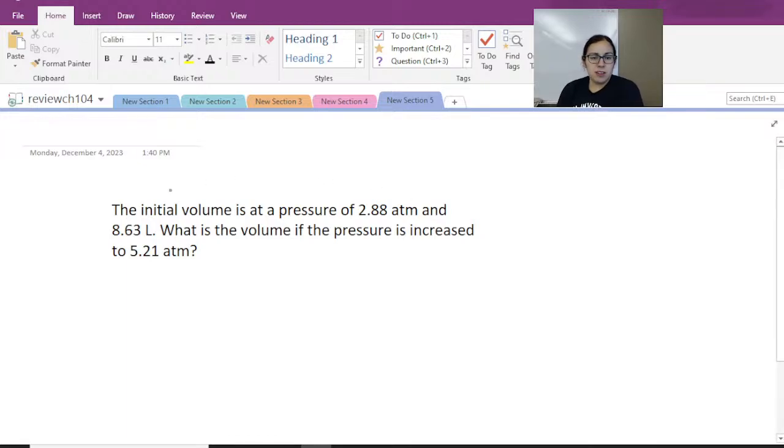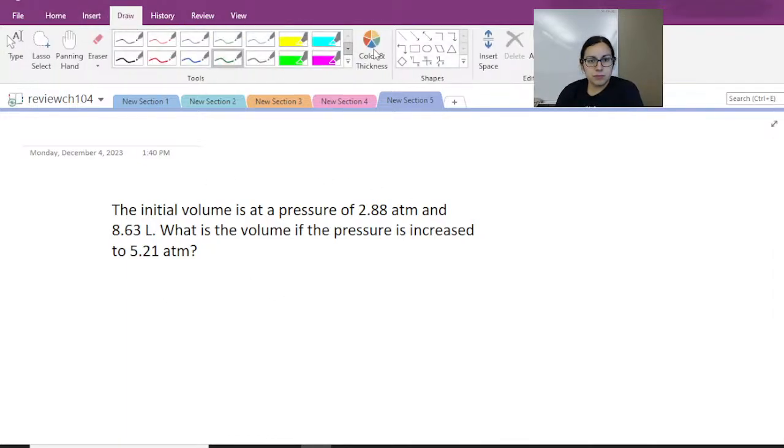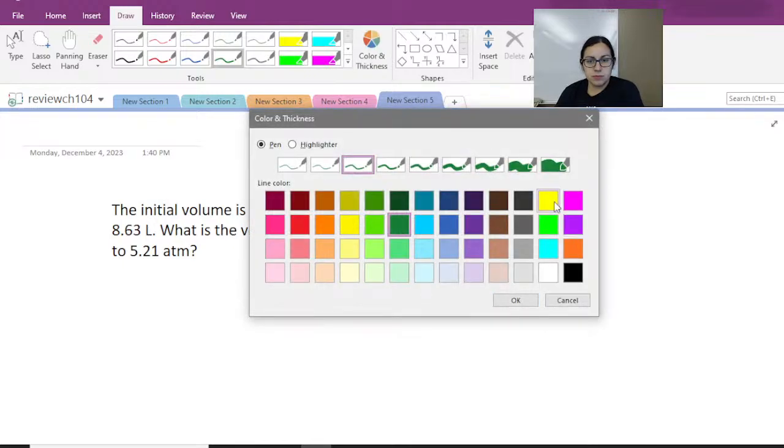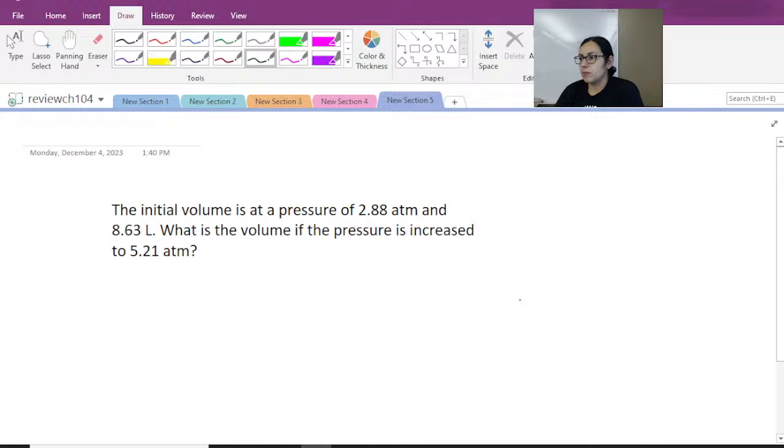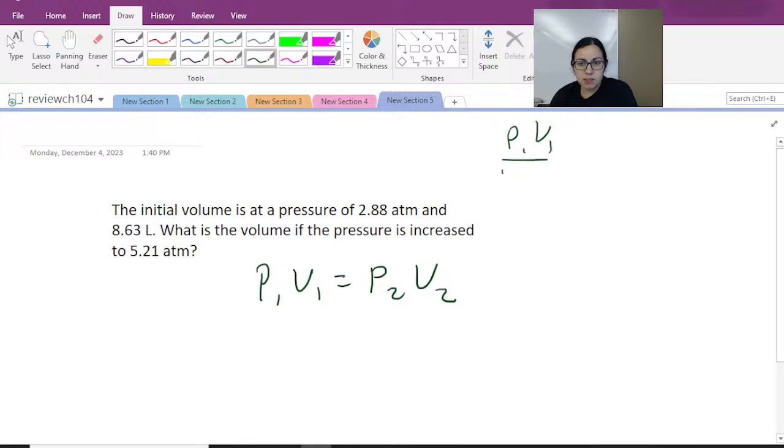So what formula do we need for this one? Yeah, excellent. So P1 V1 equals P2 V2. And I'll throw the full one on there, so you can always have it here for reference.